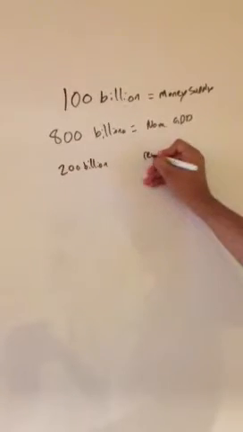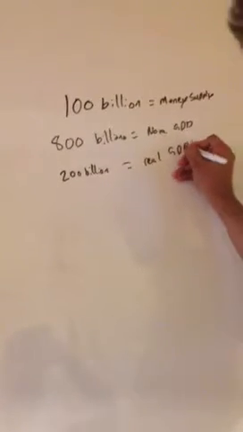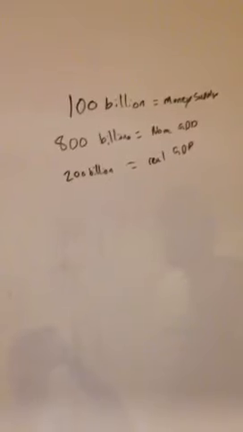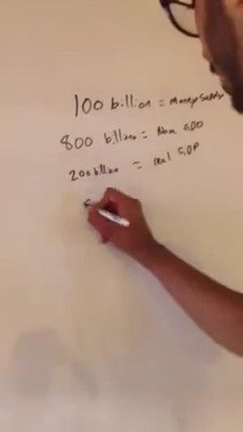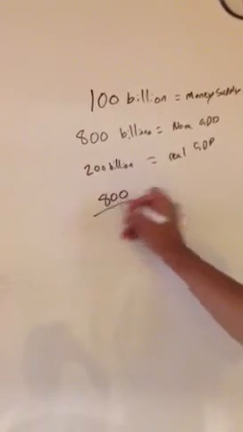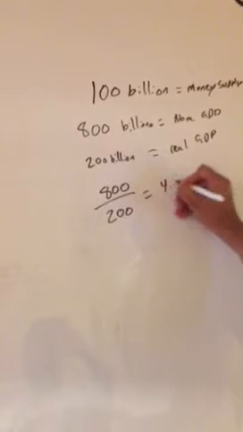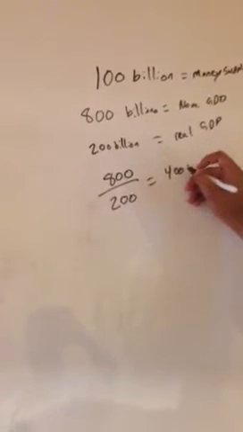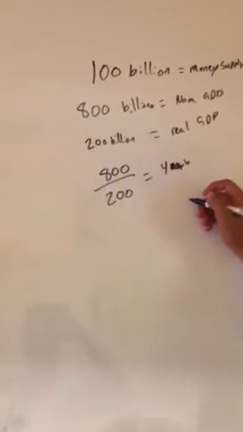In order to find out the price level, you would do the nominal GDP divided by real GDP. So the nominal GDP over here is 800 billion. Divide that by the 200 billion, and that will give you 4. So we know that the price level is 4.